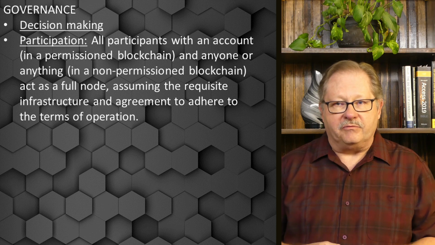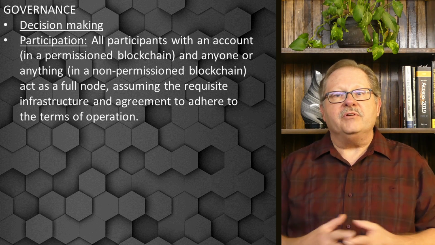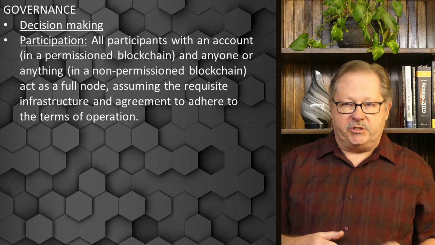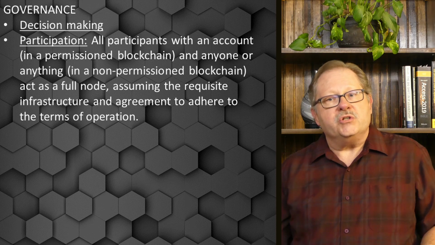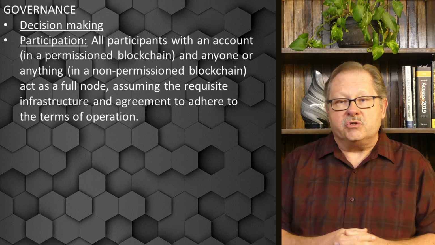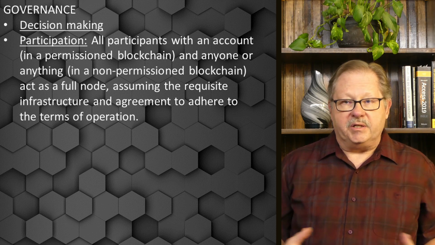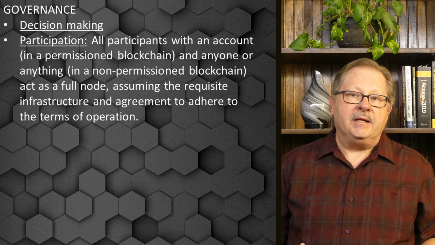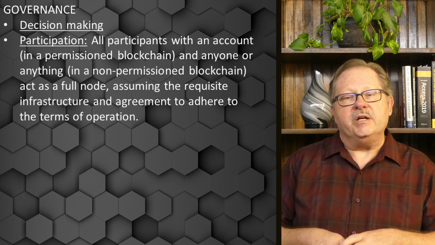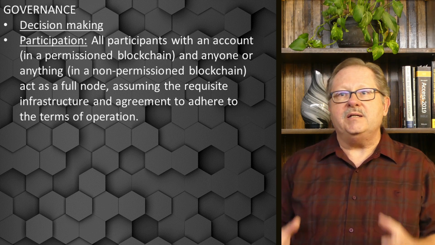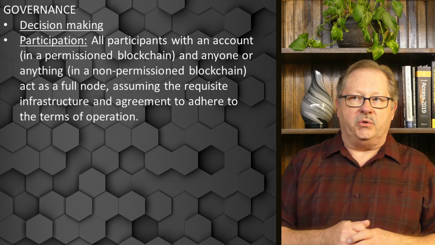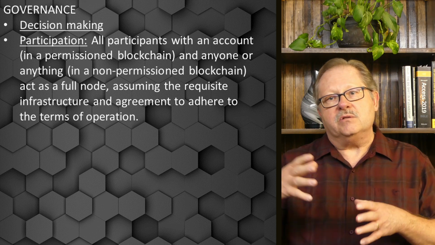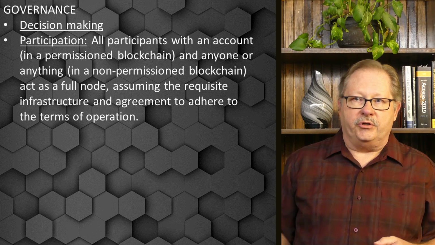They might require different forms, different reports, different functionality than other participants in the network. There's also non-permissioned blockchains that serve many different companies very well. And if that's the case, you could have a non-permissioned blockchain. What's important here in the distributed model is that everybody runs a full node and everybody has the correct infrastructure in order to do so.